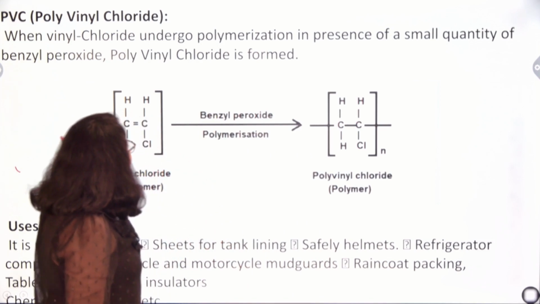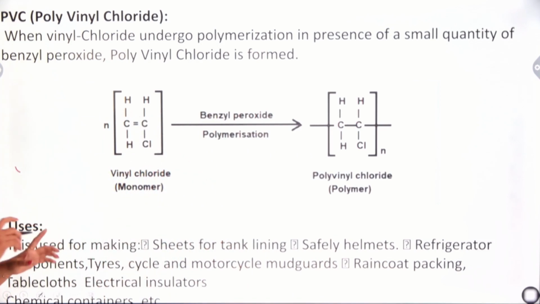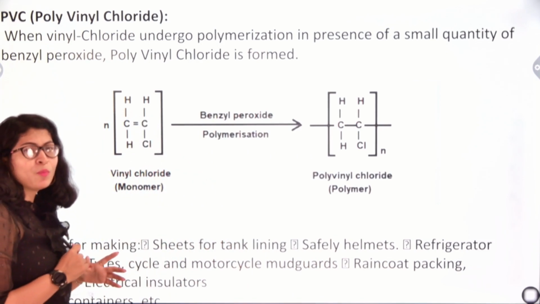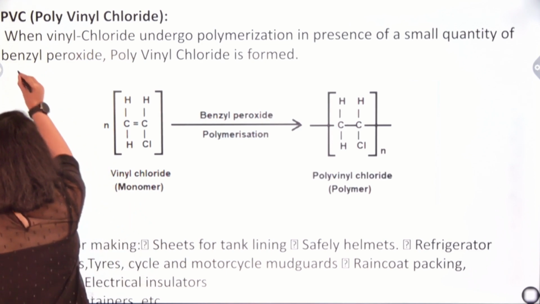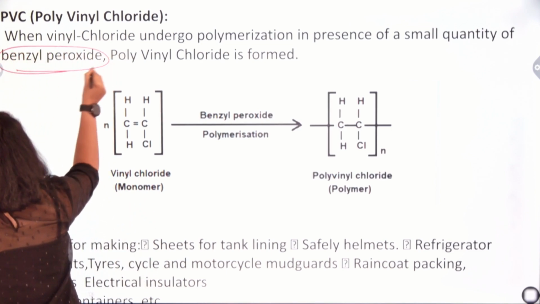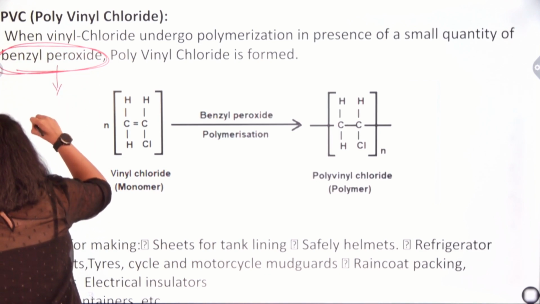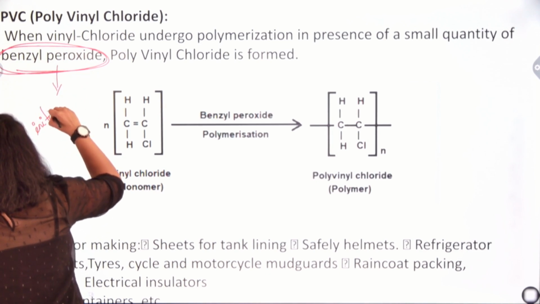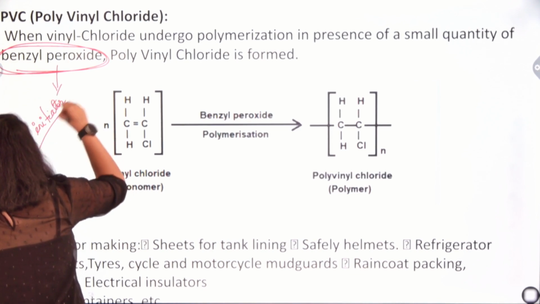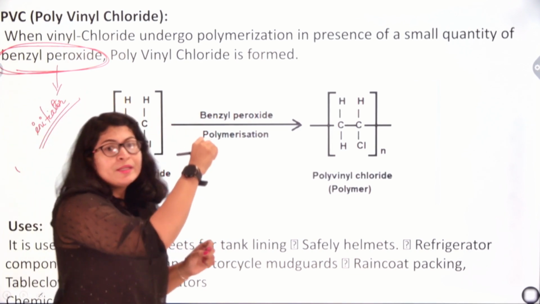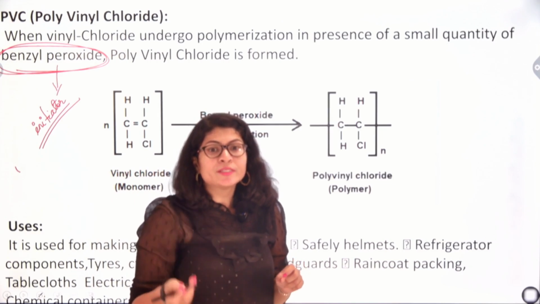So, vinyl chloride undergoes polymerization in the presence of a small quantity of benzoyl peroxide. Now benzoyl peroxide acts as an initiator for the reaction. Initiator, that means it starts the reaction, it initiates the reaction.